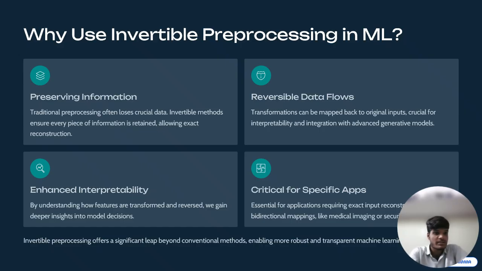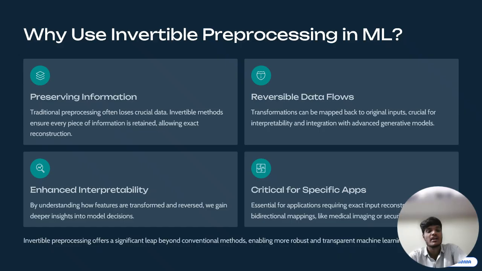So when we come to preserving information, traditional pre-processing must lose crucial data, and invertible methods ensure every piece of information is retained, allowing exact reconstruction. Second, reversible data flows. In reversible data flows, transformations can be mapped back to original inputs and are crucial for interpretability and integration with advanced generative models. Next, enhanced interpretability.